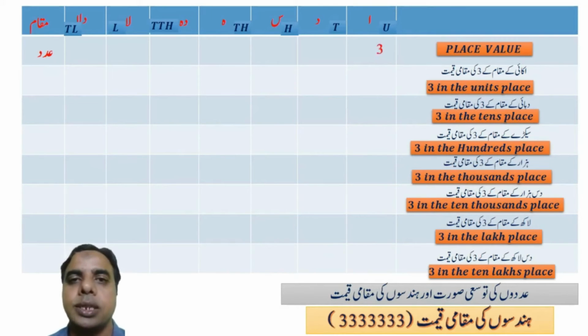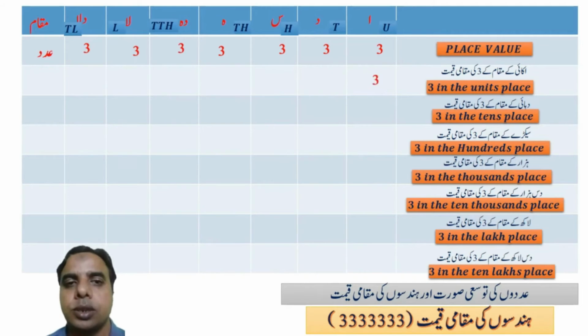To write this, one place to the left of 1 lakh has to be introduced. Okay, so in this number 10 lakhs, the digit 1 is in the 10 lakhs place.